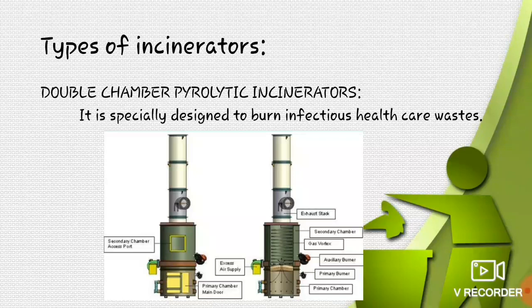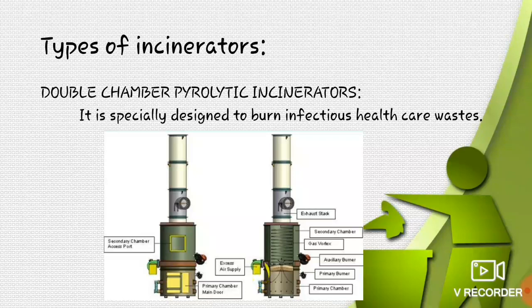The waste is put into the incinerator through the primary chamber. This is the primary chamber here, and this is the burner, where the waste is burnt using a fuel burner. The waste is burnt at high temperature, so it generates a large amount of gases and odors which are collected in this gas vortex.